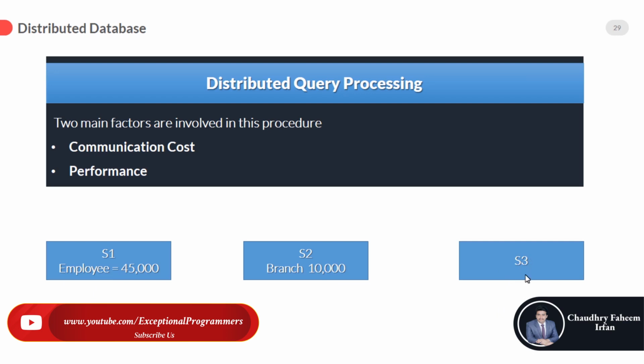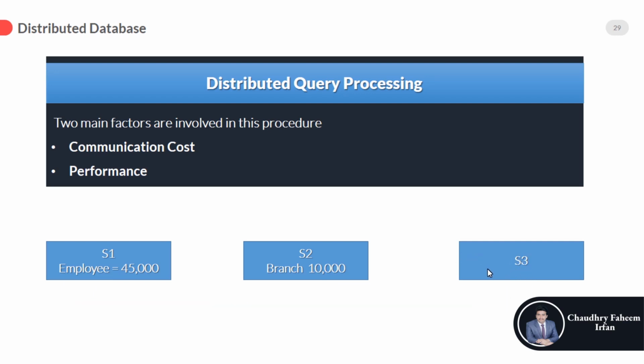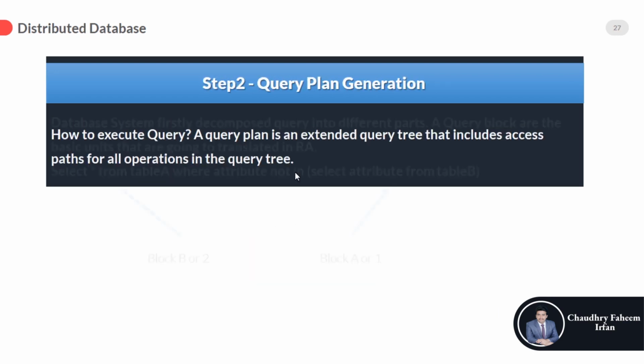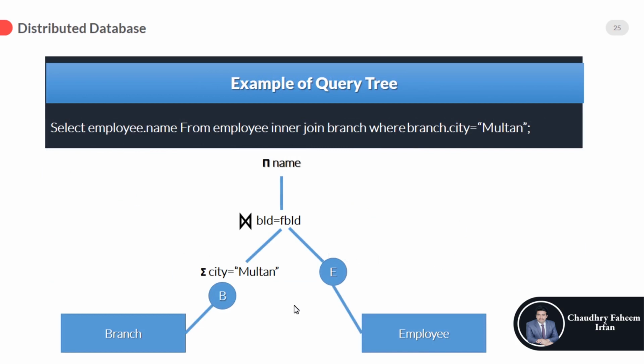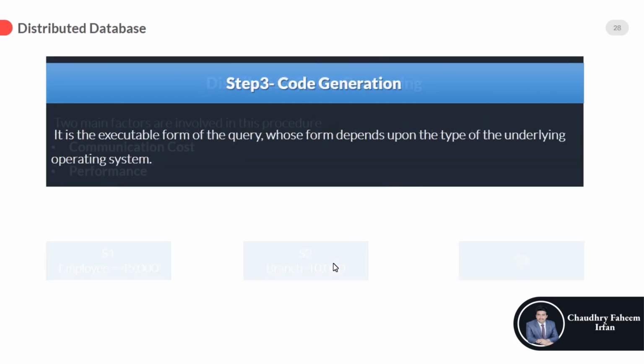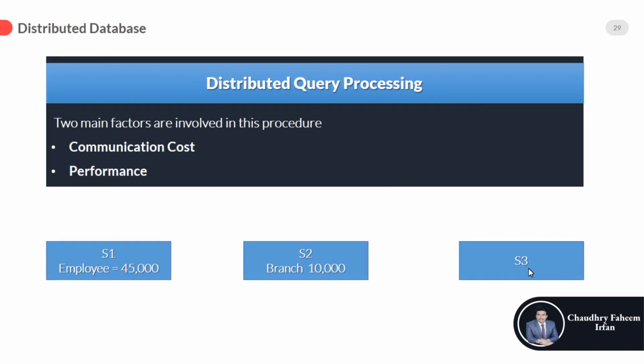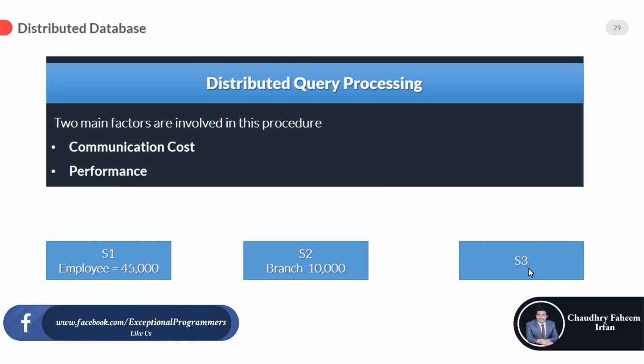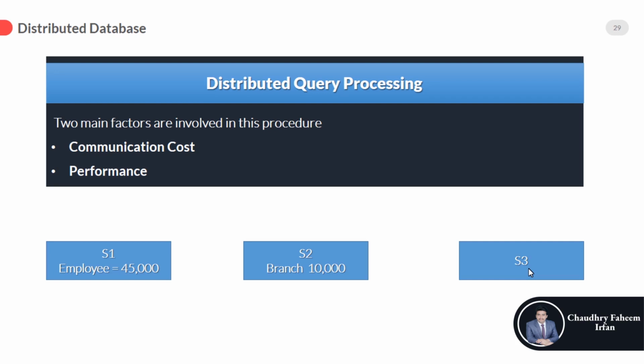Suppose I am here and I want to get the result of this query. Suppose S1, S2 and S3 are the sites. Now we are going to discuss some methods and select the best method after computation.